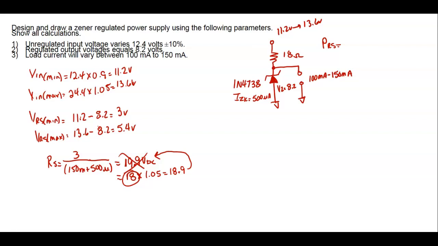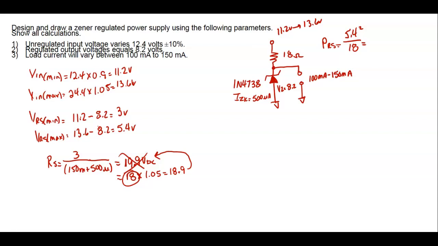We don't need that right now. You can use current, guys, but I already know enough to calculate the power of the resistor. I know the maximum voltage dropped, and I know the size of the resistor. No matter what you do, you're going to come up with the same wattage.